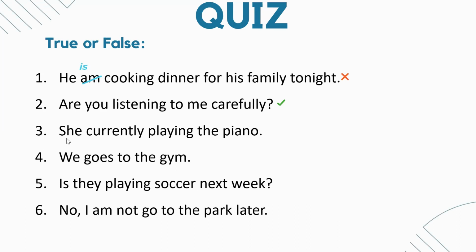Number 3, she currently playing the piano. So does not sound right. This is false. We are missing a word. We should be saying she is currently playing the piano. Number 4, we goes to the gym.